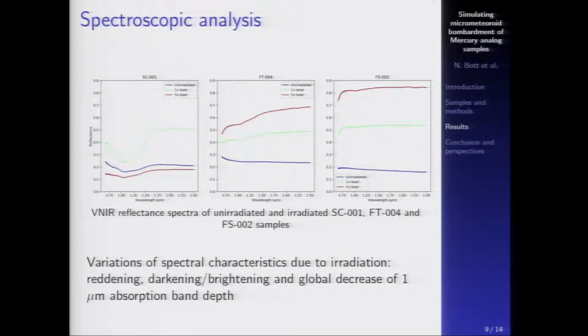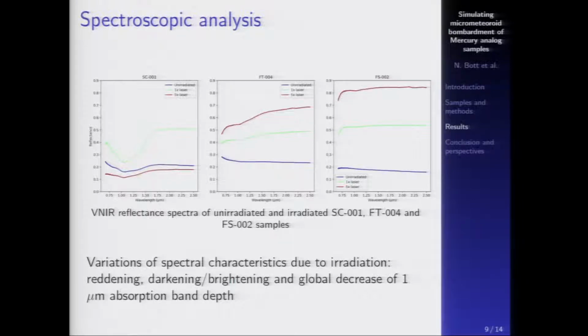So first, the spectroscopic analysis. We have here the 3 samples that I described before. Each time we have the unirradiated spectrum in blue, the 1 pulse laser spectrum in green, and the 5 pulses laser sample in red. We can see that the behaviors of the samples are different according to the iron content.